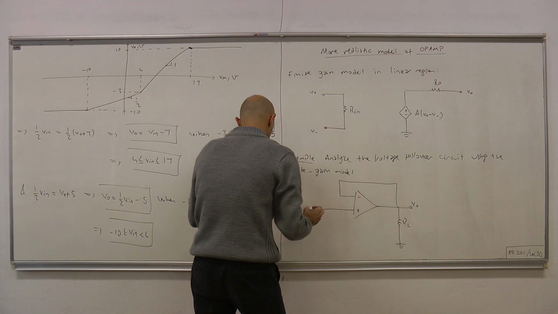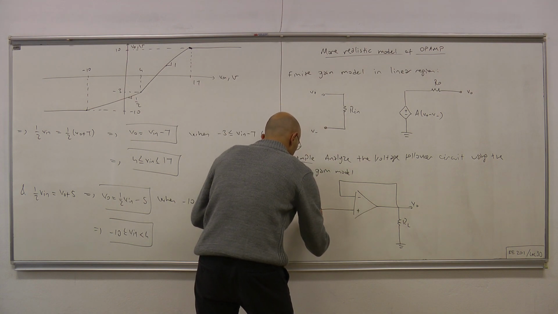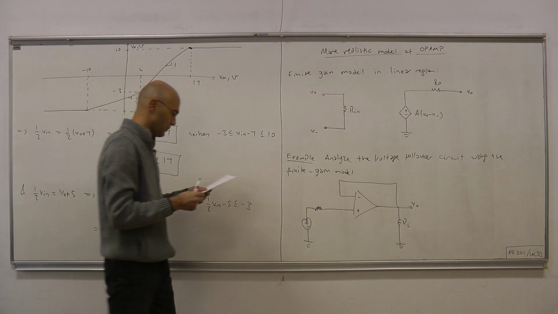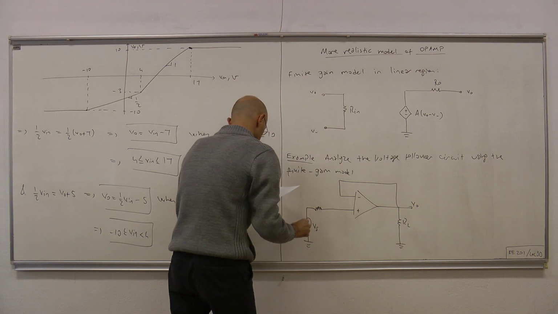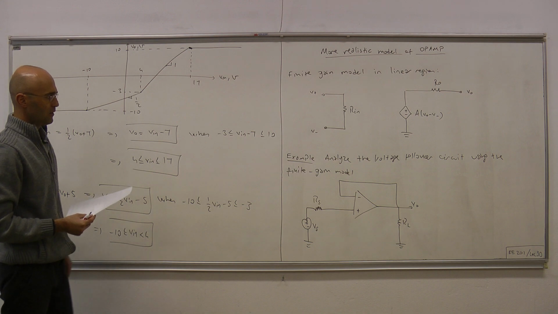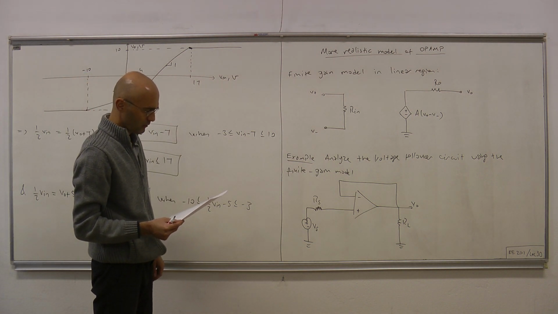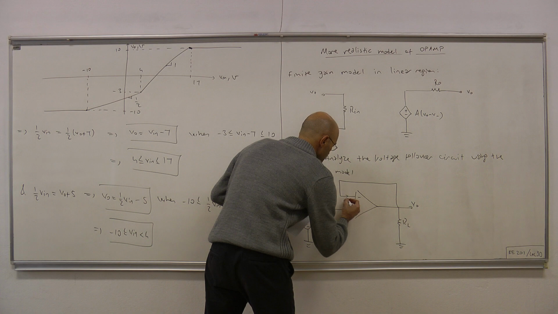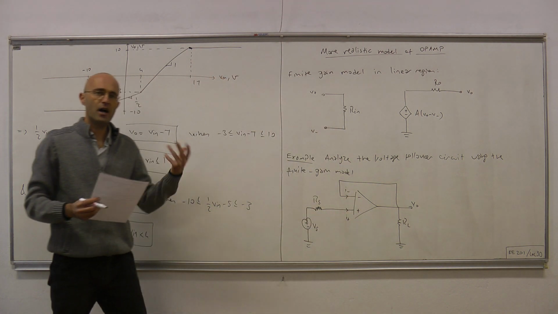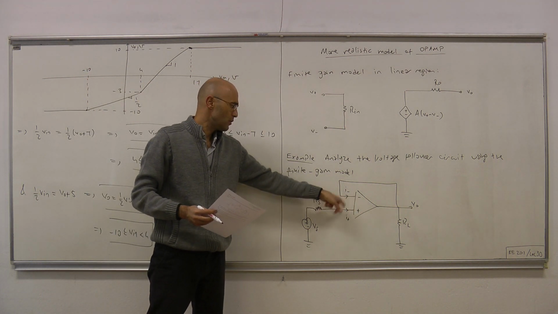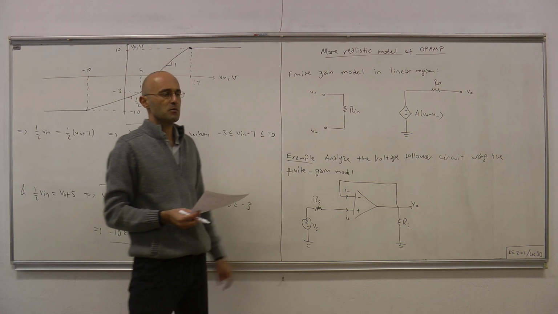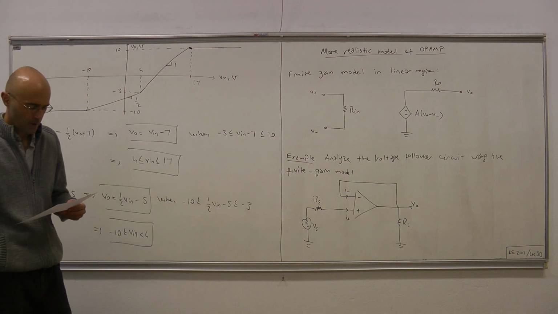And here we have the input voltage Vs, and let this be perhaps the internal resistance of the source Rs. This current here is I minus, and this current here is I plus. In our ideal model, because here we have open circuit, those two currents were automatically zero. But now, when we use the more realistic model, they will be something non-zero.